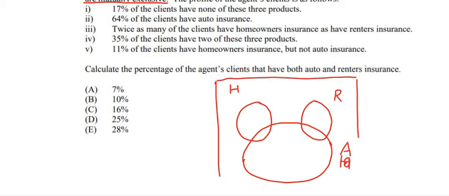So we just use this Venn diagram. So let's put the given information into this Venn diagram. Okay, 17% have none of those. So outside is 17.